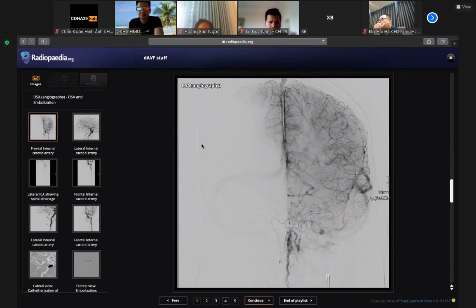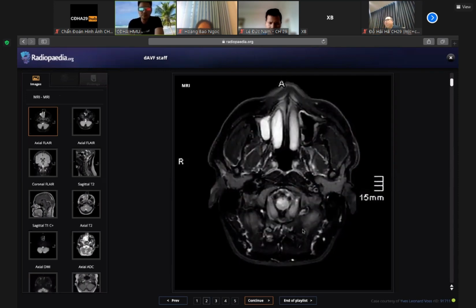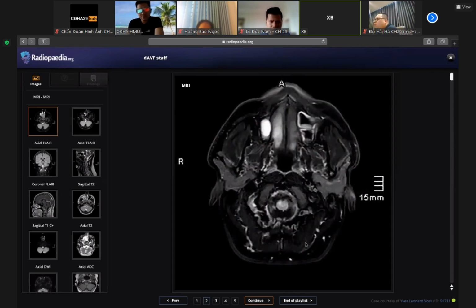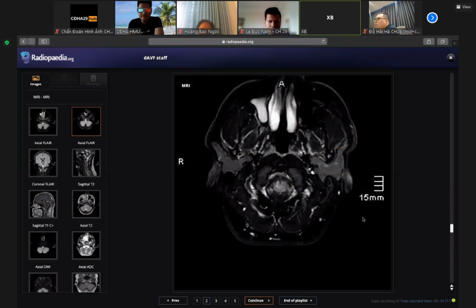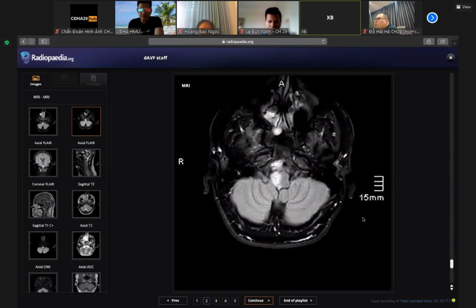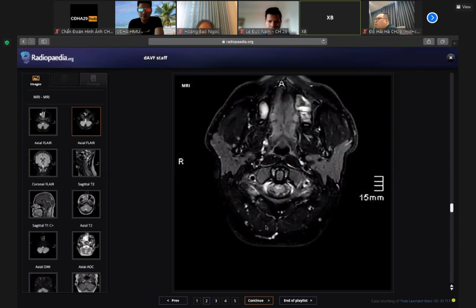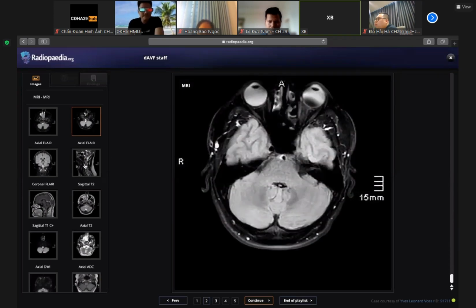Do you have any comment, Duy Ngọc or Hải Anh? I think it is in the last case. For the last case, without the contrast, on the conventional MRI, what will make us think about the vascular malformation if we don't have the contrast, because we don't do contrast regularly?